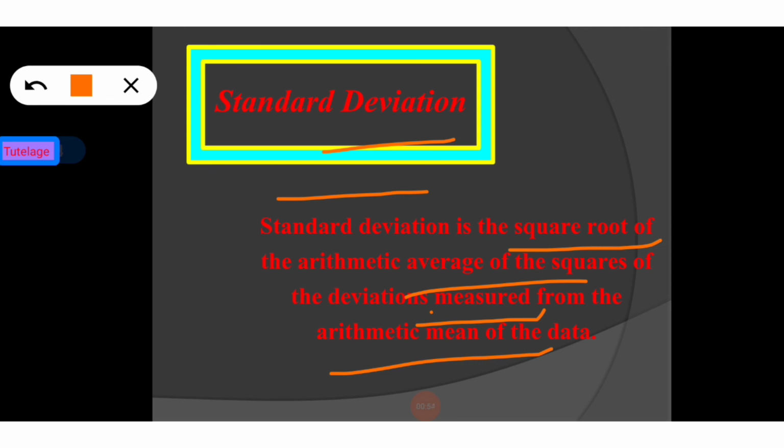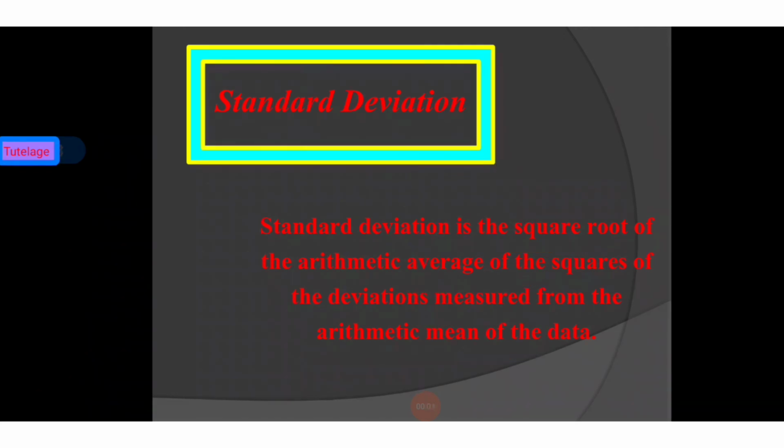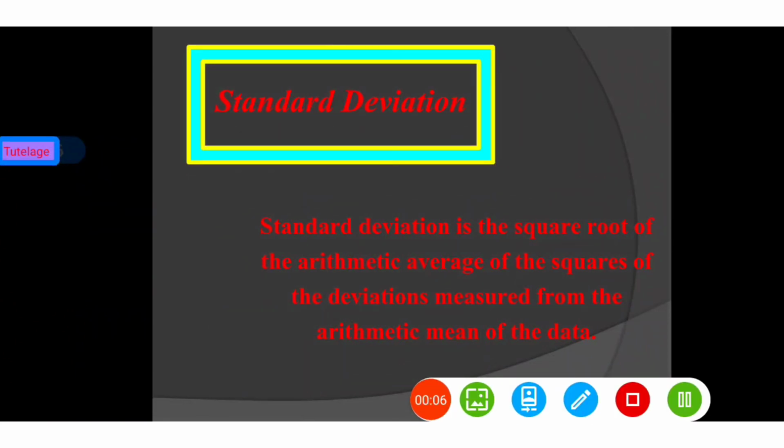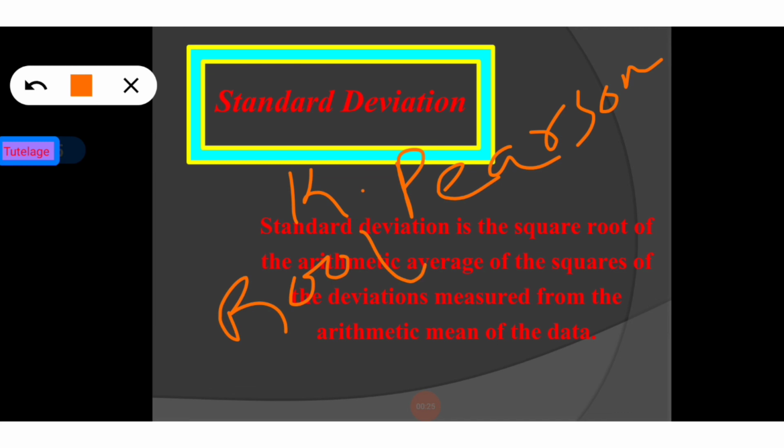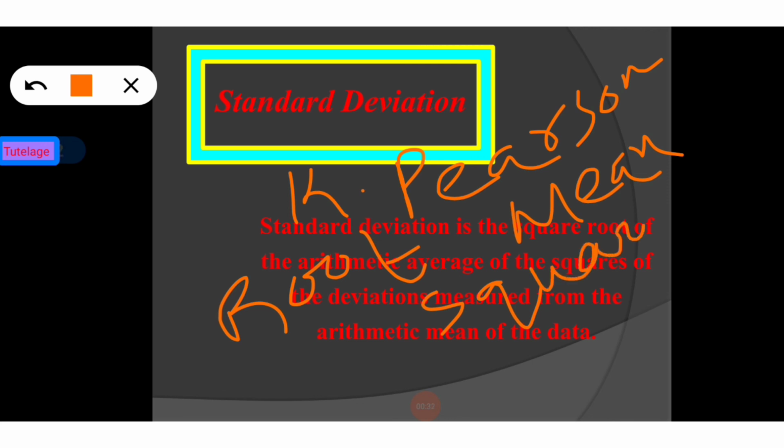We have already told that part. So, standard deviation is an important and the most popular absolute measure of dispersion, and it was introduced by Karl Pearson. Okay, and that's why standard deviation is also known as root mean square deviation.